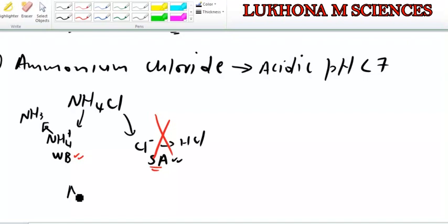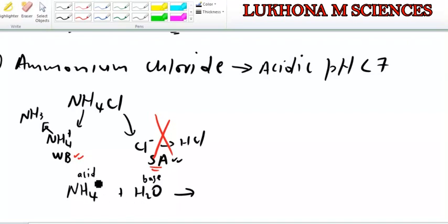Hydrolysis is the reaction of a salt with water. We take only the ions from a weak acid or a weak base. Strong acid or strong base does not undergo hydrolysis. Now, this one, because of this plus, is the conjugate acid, meaning that the other one is a base.